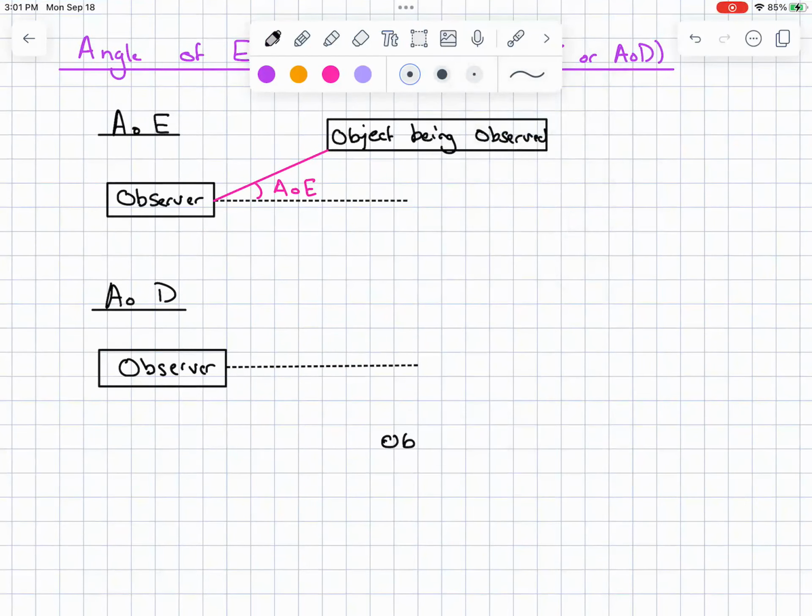A security light is going to be mounted to a building so that the angle of depression for the beam of light is 30 degrees.